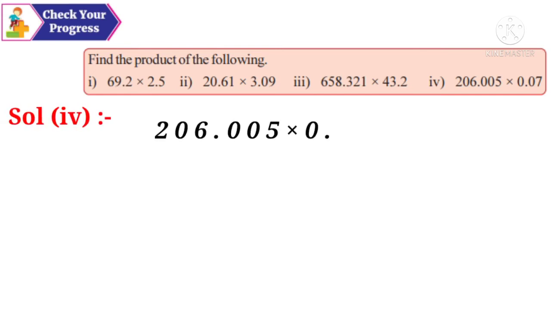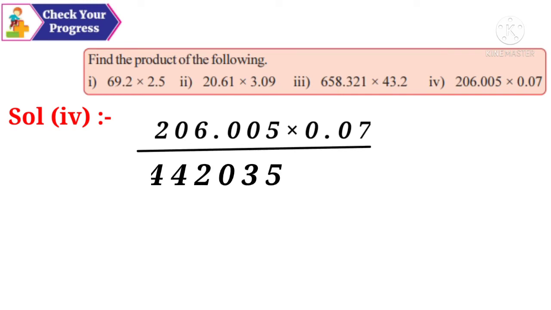Now solution for 206.005 into 0.07. Multiply with 7. We get 5302,441. After that there are 2 zeros. So it is not necessary to multiply with zeros since we all get zeros. Now observe that there are 3 decimal places in first number and 2 decimal places in second number.